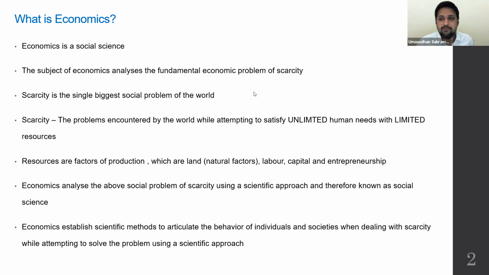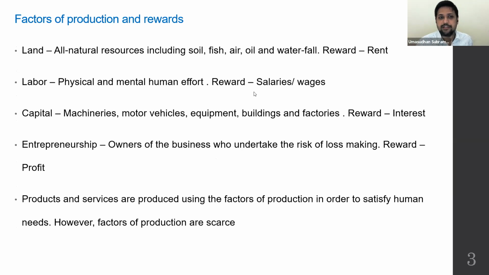So move on to the next slide. You need to understand what these resources are. There are 4 types of resources used in economics: land, labor, capital, and entrepreneurship. You can call them factors of production or resources, but remember they are used to produce goods and services.